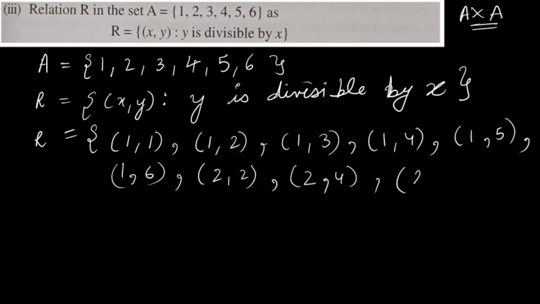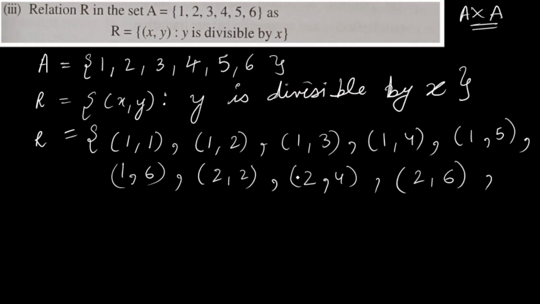Then we will have 2, 6 also. 2, 5 is not possible. I am just writing all the possible ordered pairs first, so that it will be easy for us to decide. Then next one with 3.